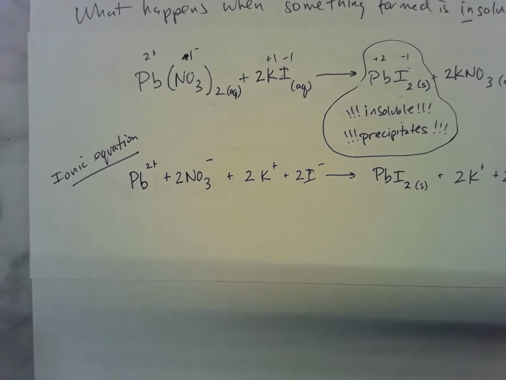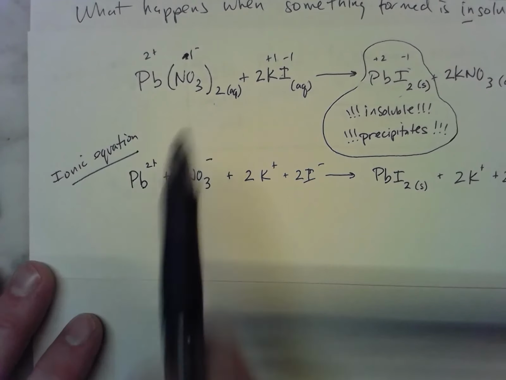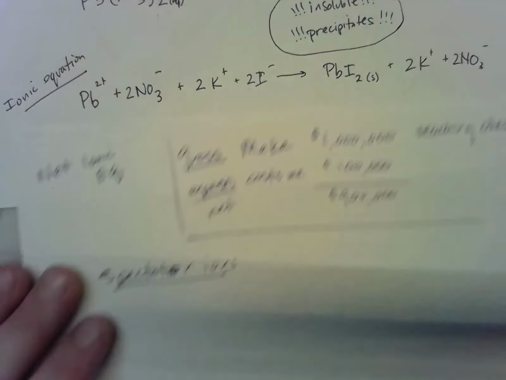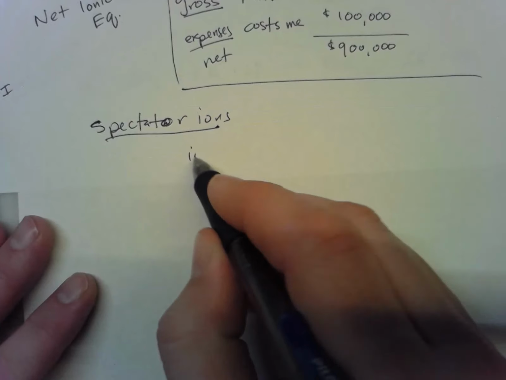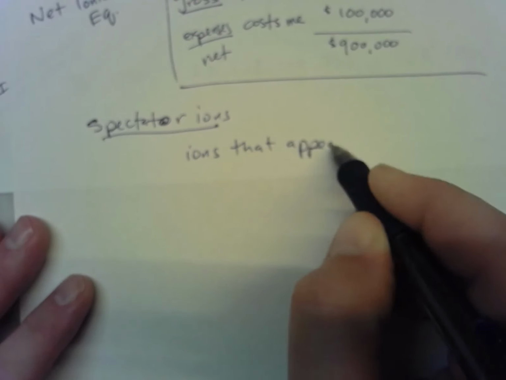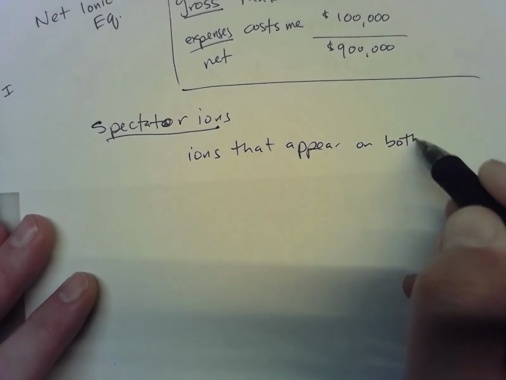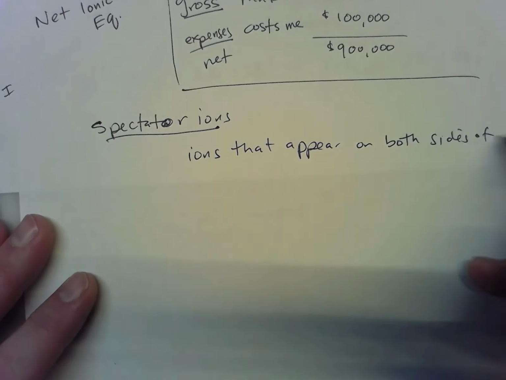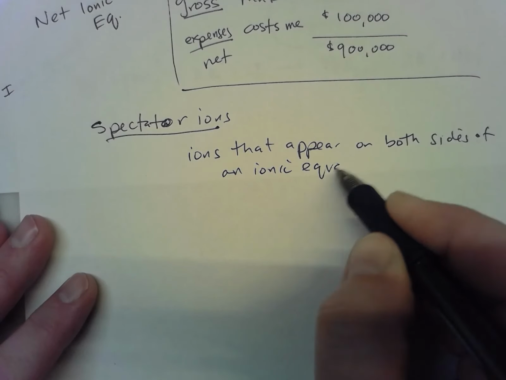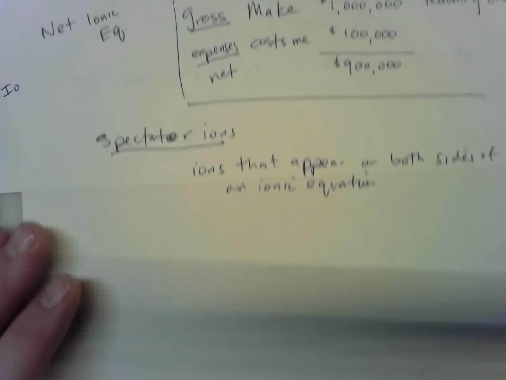And so that's what this is. Okay, so these spectator ions, the way we identify them is they are ions that appear on both sides of an ionic equation.